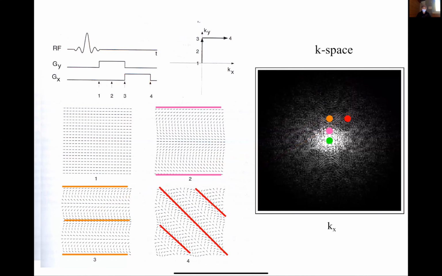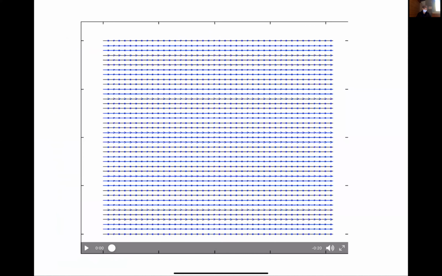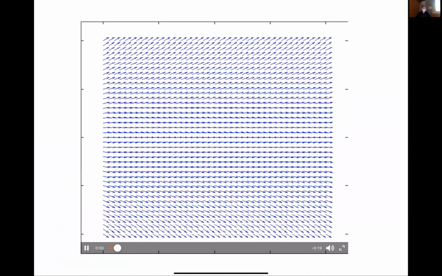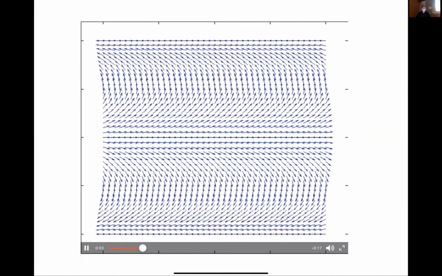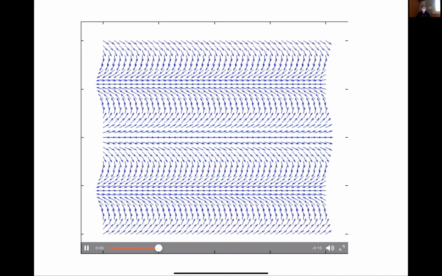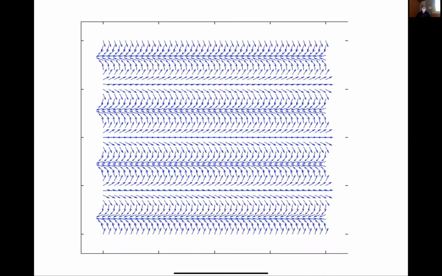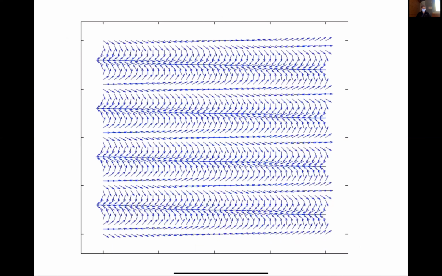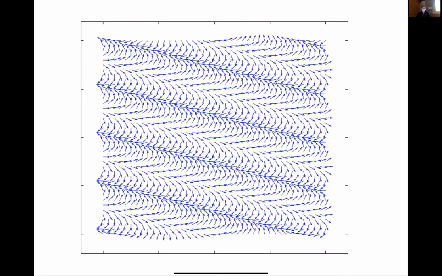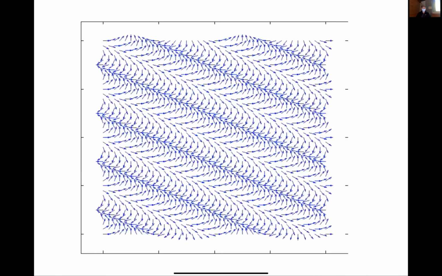That's a very simple example of how we move through K space. Here's a movie of what that looks like at finer resolution. I'm imposing variations in the Y direction, and now the X direction is coming in.